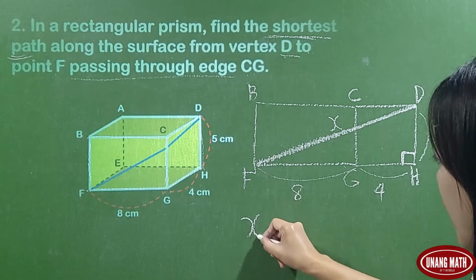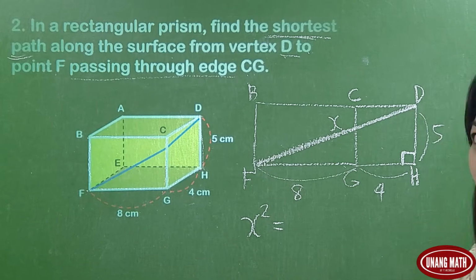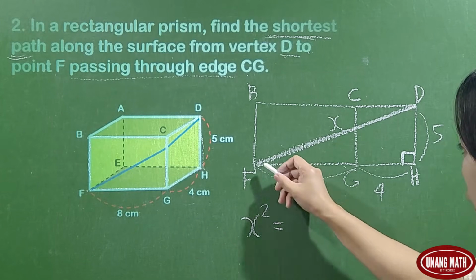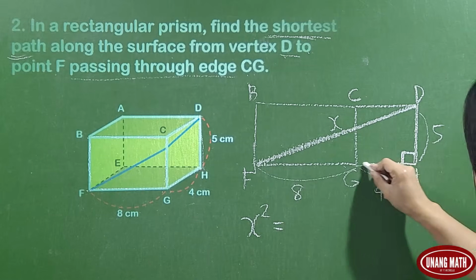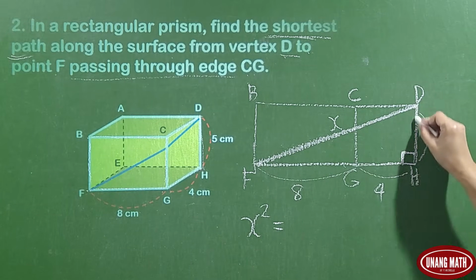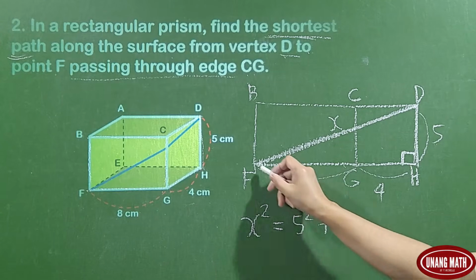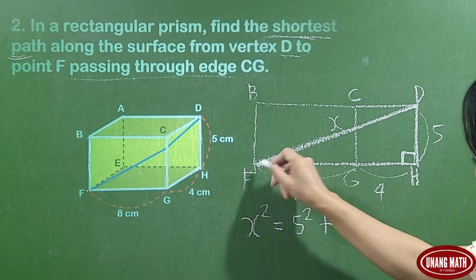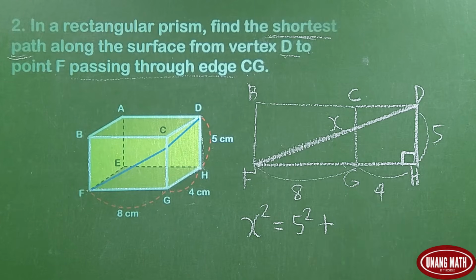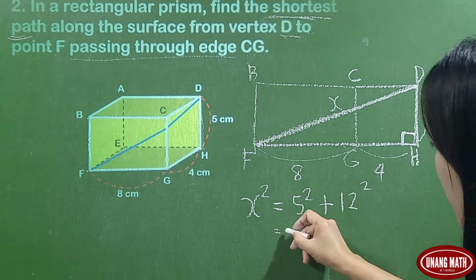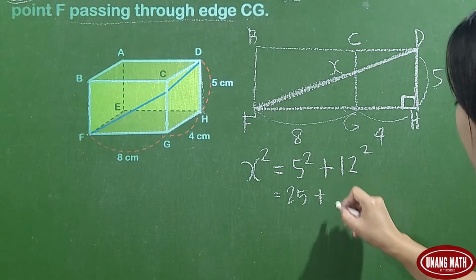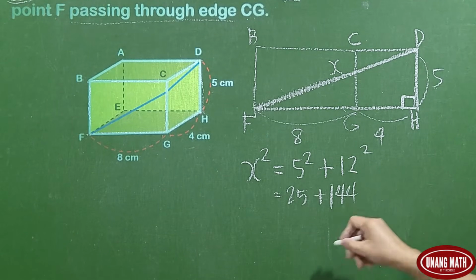So we have here x squared, that would be equal to the sum of the squares of the other two sides of the right triangle. So 5 squared, plus this length squared. So 8 plus 4, that's going to be 12. So we have here plus 12 squared. So this is 25 plus 144.